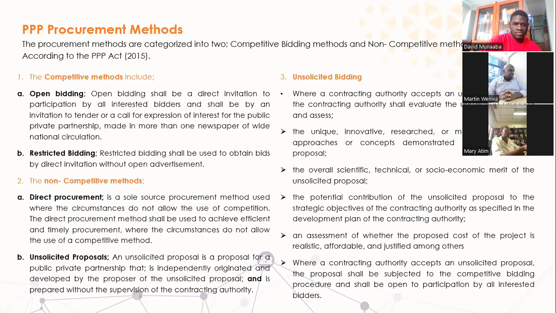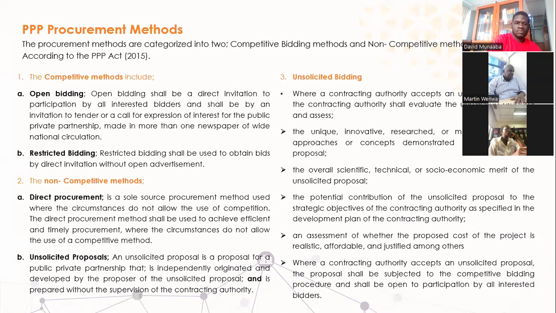Now, the PPP procurement methods are categorized into 2: the competitive bidding methods and non-competitive methods. According to the PPP Act 2015, the competitive bidding methods include open bidding and restricted bidding.